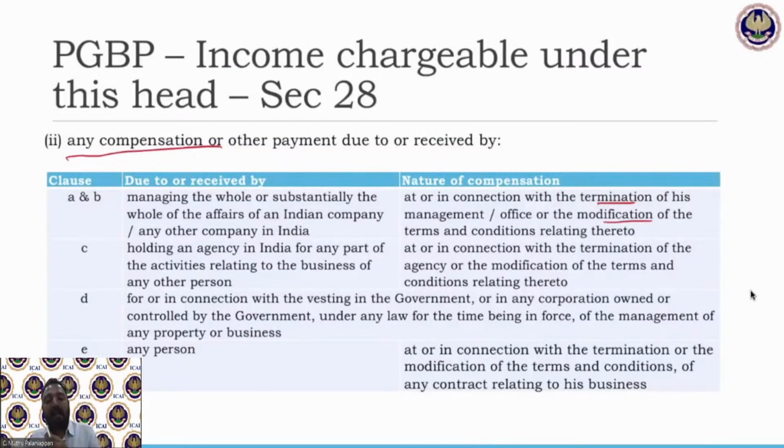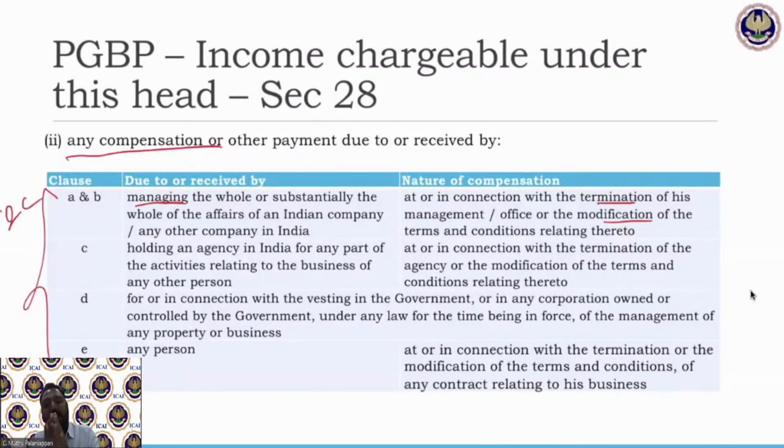So typically there is an agreement between a person who's managing a business and the entity. When they have a change in terms and conditions, before just going forward, I'll tell you all these clauses about change in terms and conditions.